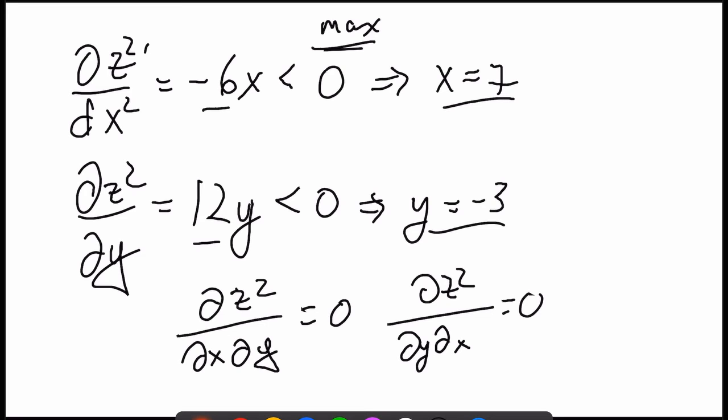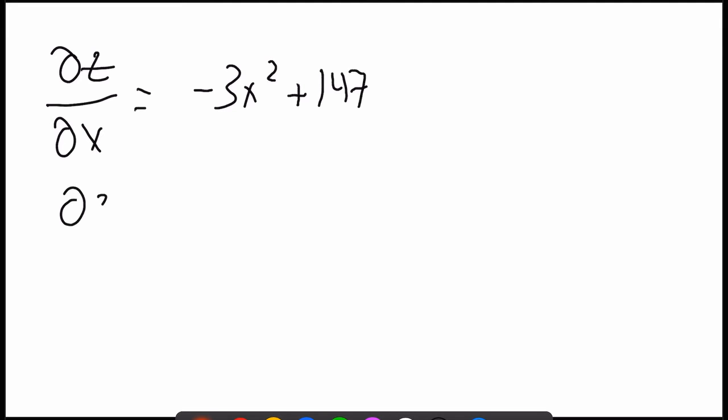Well, we have dz dx is minus 3x squared plus 147, and dz dy is 6y squared minus 54.